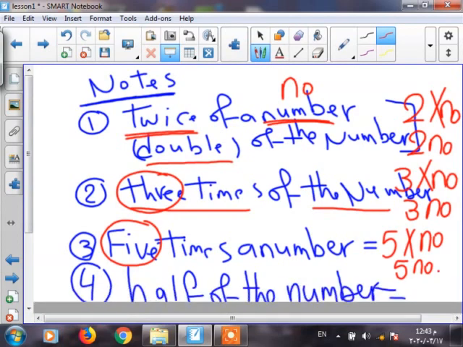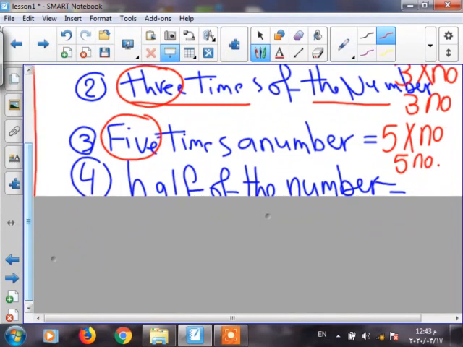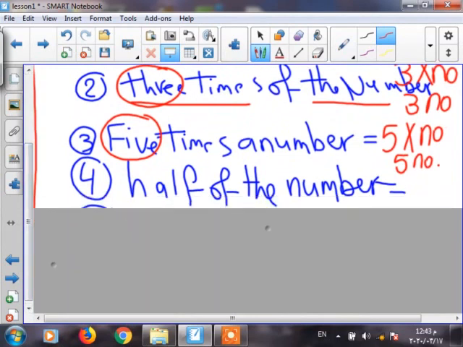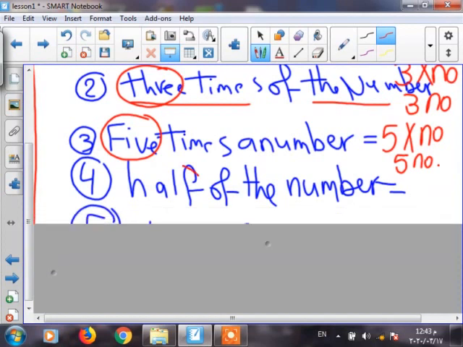That's the next one. I have here half of the number. What is the meaning of this word? Number 1, half. Oh, this is a fraction. We did this before. What is the meaning of half? Half is called 1 over 2. Half of means times. Times what? Times the number, any number.